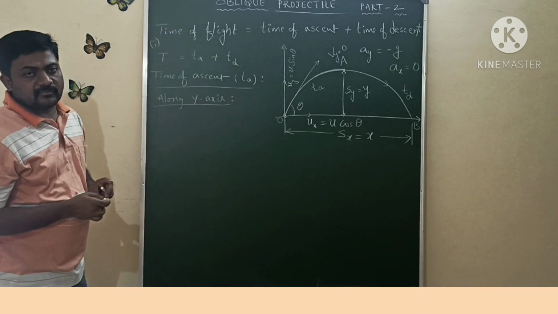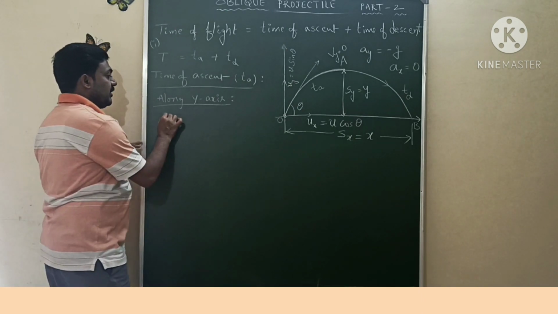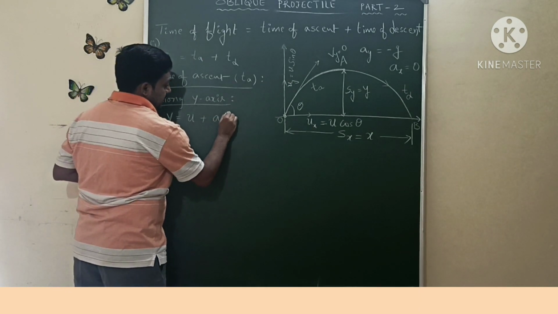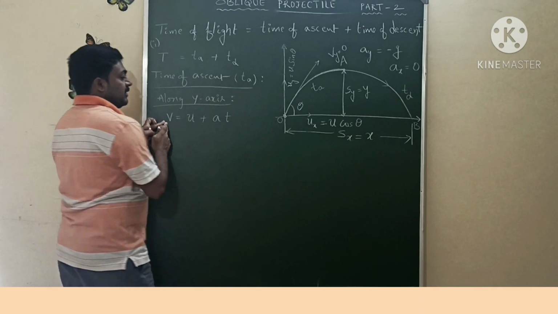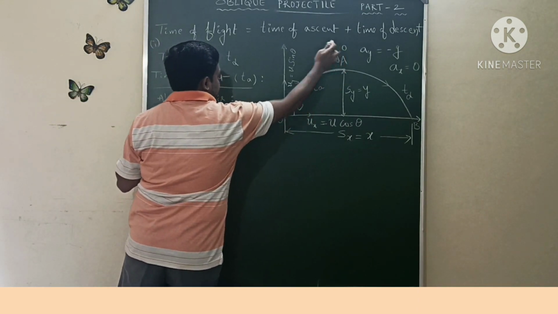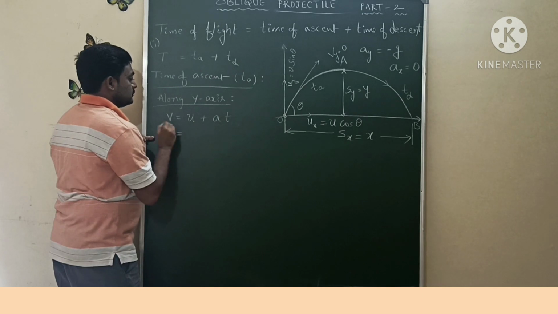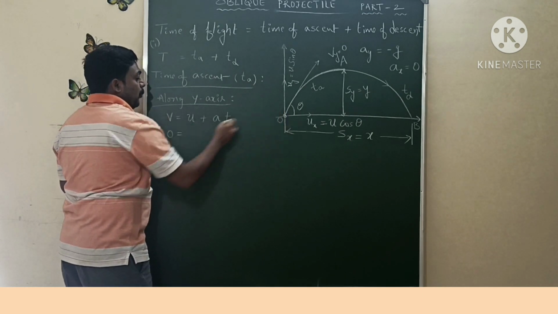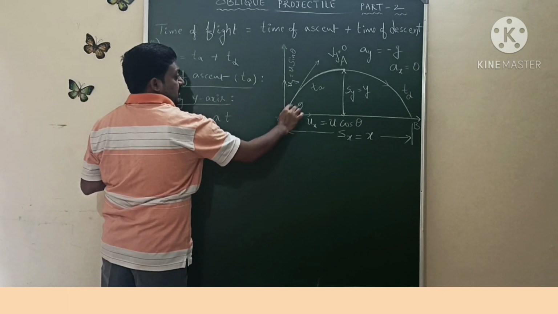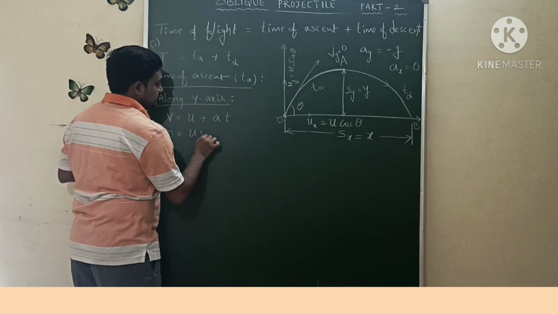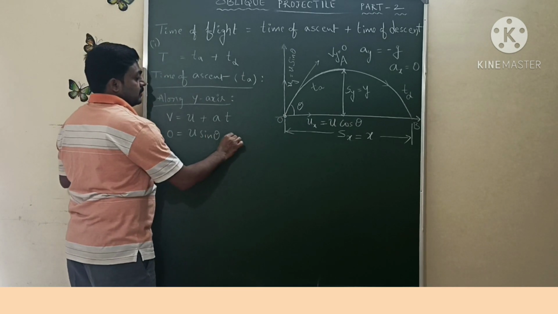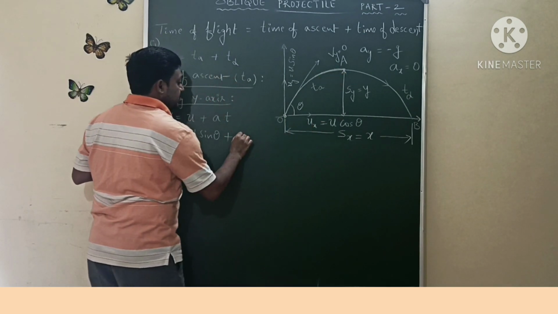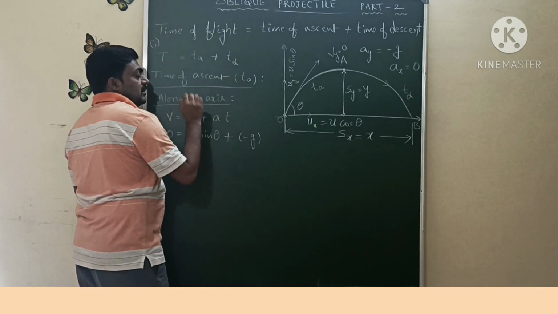Using the first equation of kinematics, v is equal to u plus at. V, final velocity, is 0. Here the initial velocity at point O is u sin theta. The acceleration, upward, is minus g.